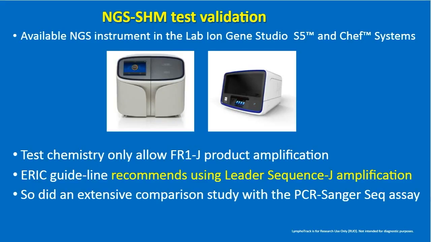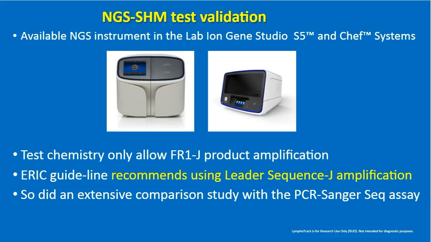So when we were interested in developing a next generation sequencing based assay for clonality and also for SHM status assessment, we had access to the Ion GeneStudio and the Chef prepared system. They provide us the opportunity to develop these assays in a pretty automated way using the Chef system.